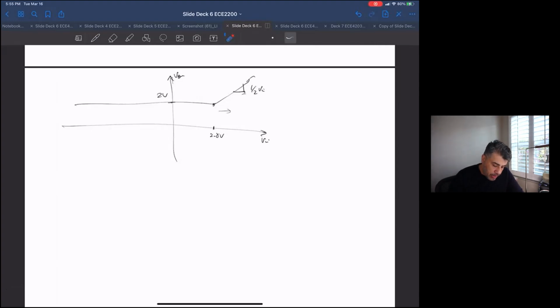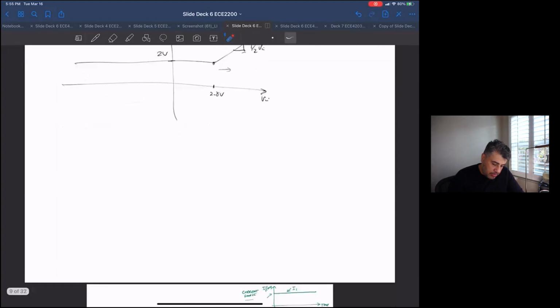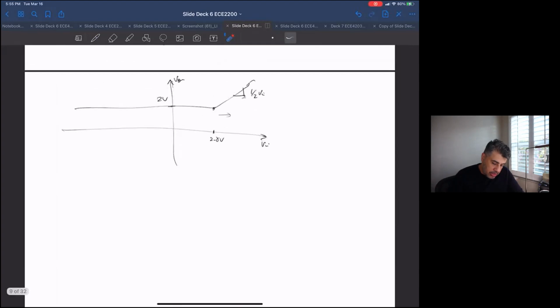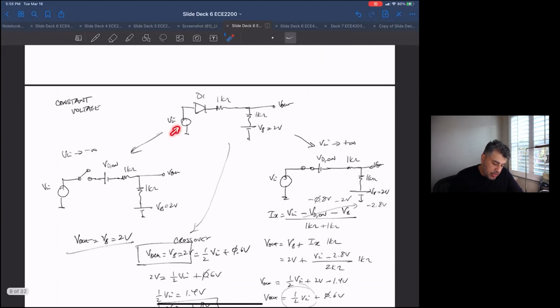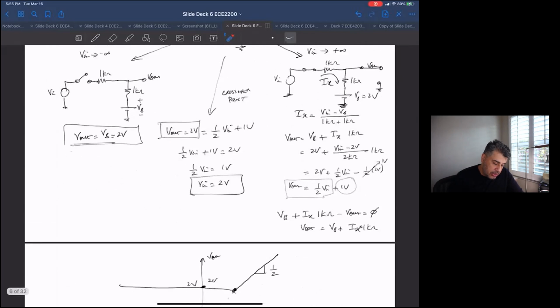Anyhow, the last problem was a voltage against time transfer function, and it said, if this input voltage, then it was the ideal diode case.